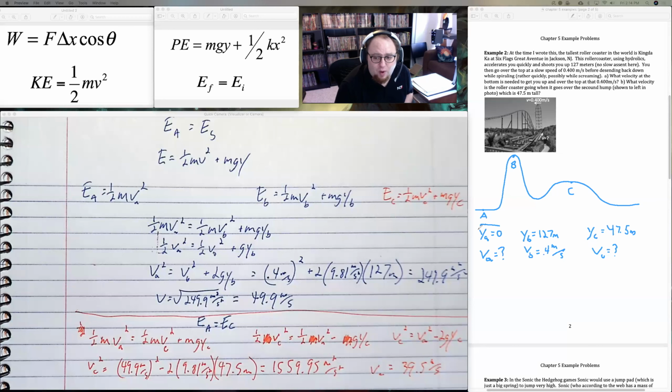It's just that Y is 0 for A. And so this term for A, it's going to be mg times 0. And m times g times 0 is 0. So that last term just goes away because it's 0. Does that make sense? Yep.